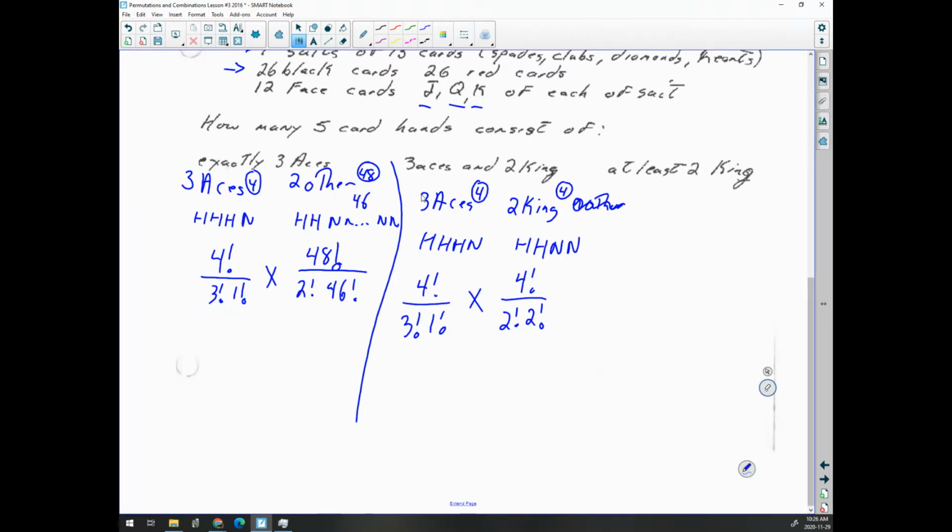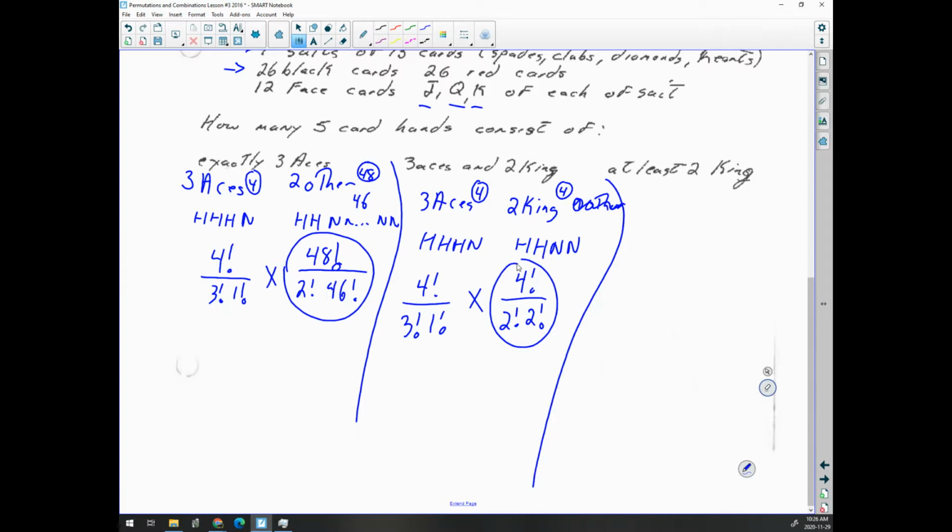You can definitely see there's a lot more hands that have 3 aces in them than there are that have 3 aces and 2 kings. This is just going to be 6, and that's going to be 48 times 47 divided by 2. So big numbers.